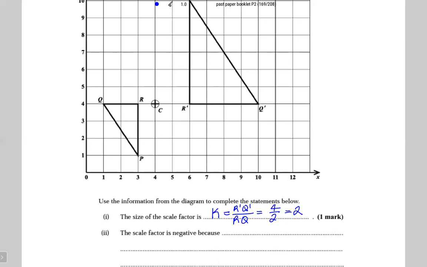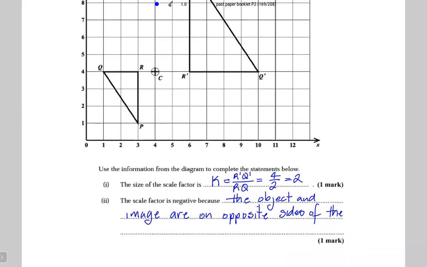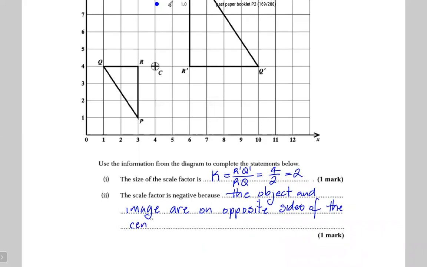So the scale factor is negative because the object and the image are on opposite sides of the center of enlargement.